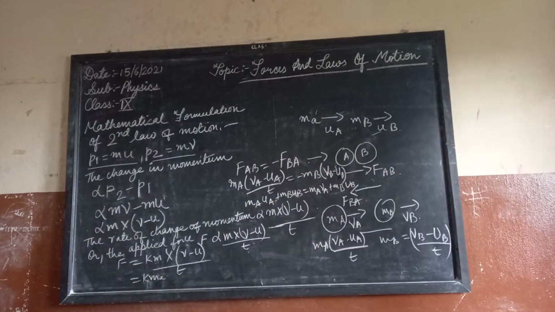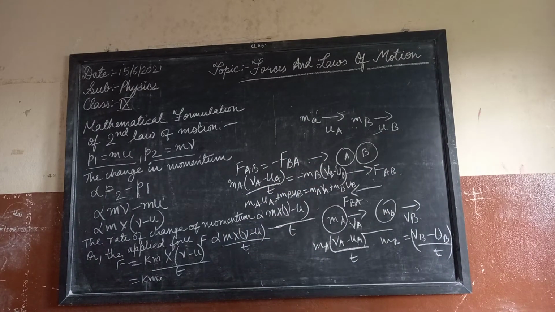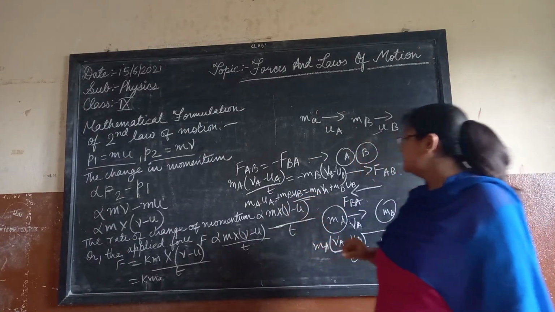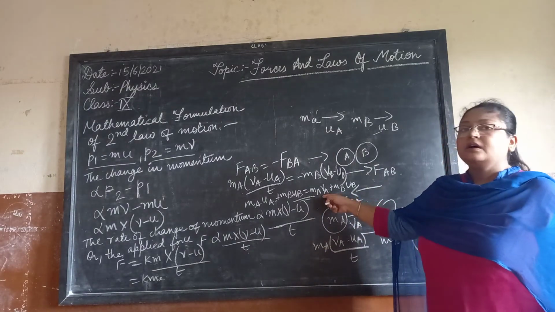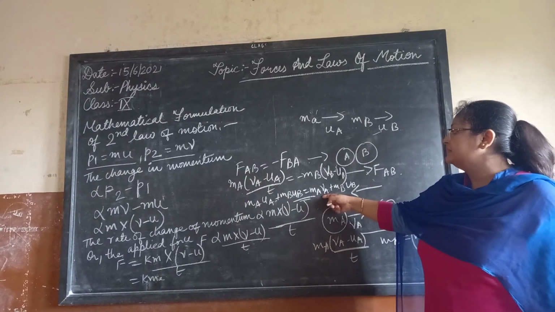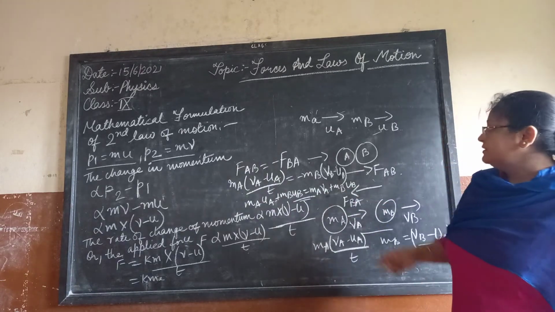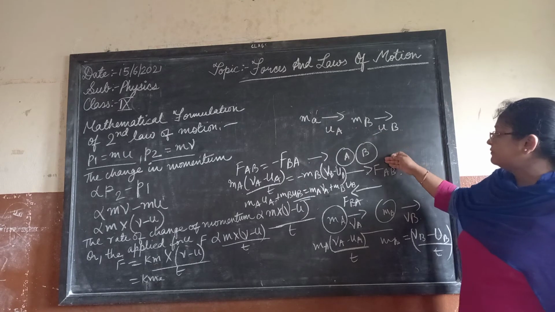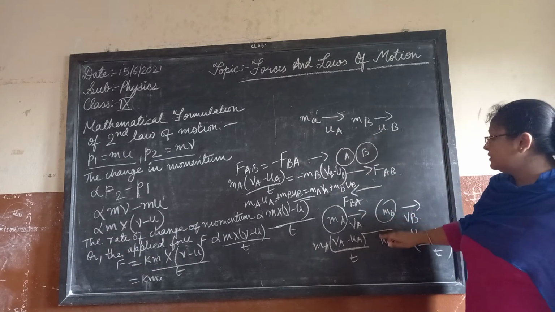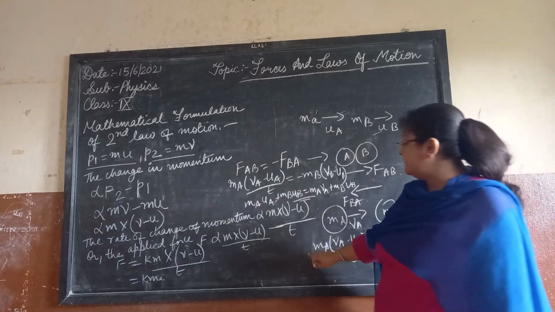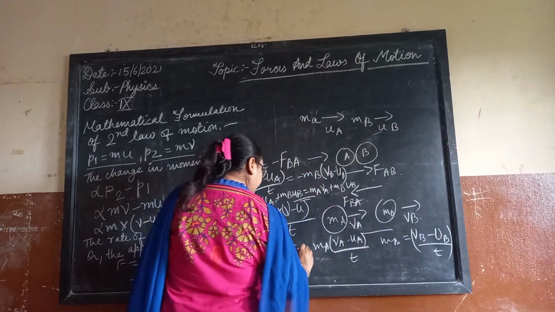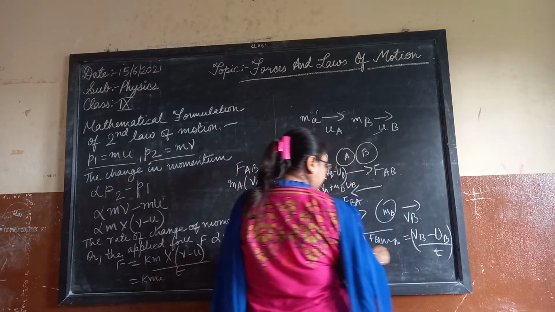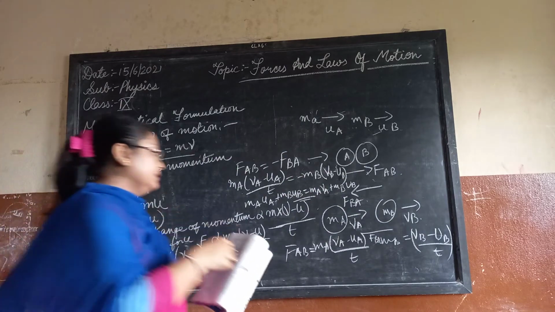This is the total momentum of the two balls after the collision. From this equation we can solve many numerical problems that we find difficult. This is the initial state, this is the final state, and this will be the after-collision state, where F_AB will be like this and F_BA will be like this.